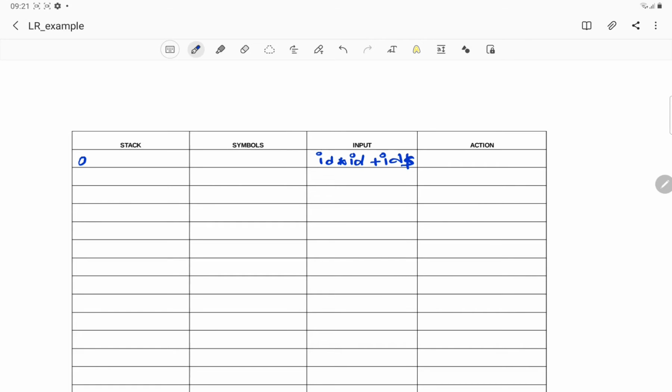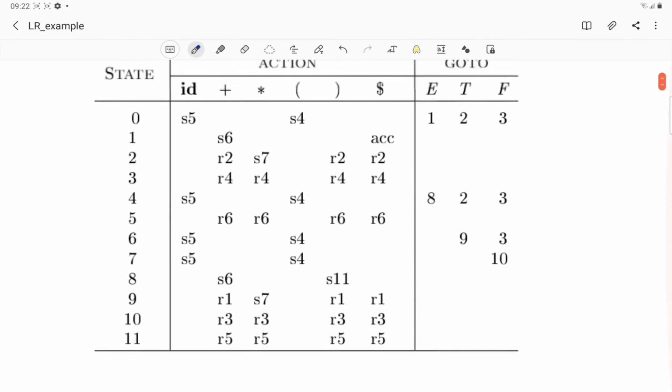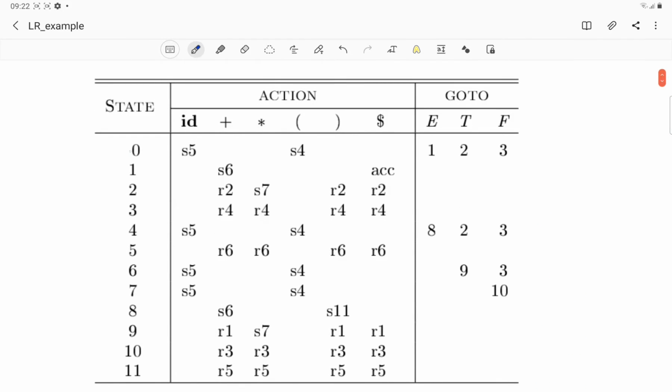Then we have to consider action of 0 comma id. What is the value of action of 0 comma id? The value of 0 comma id is S5.